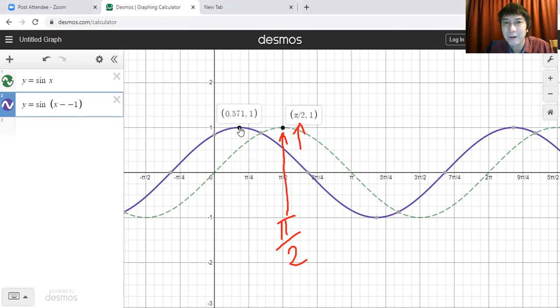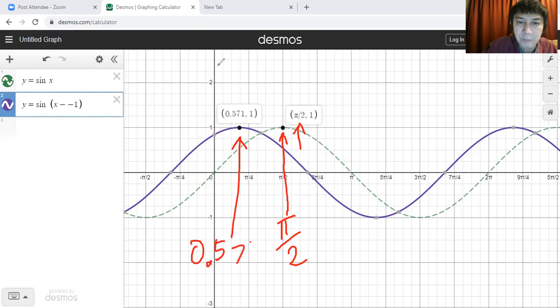And that is 0.571. So let's find the difference. This is 0.571, and it's actually right here. Let's have pi over 2 minus 0.571, and how much do we have after doing that?